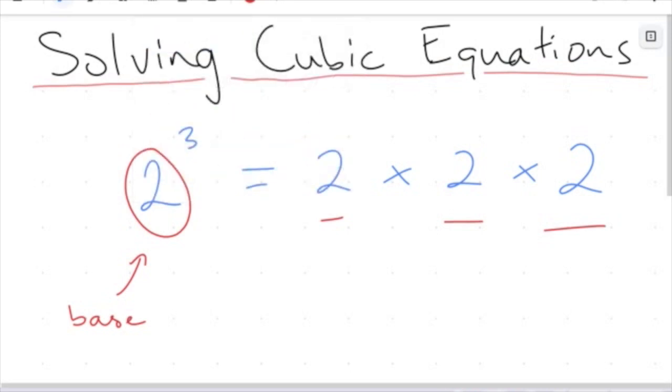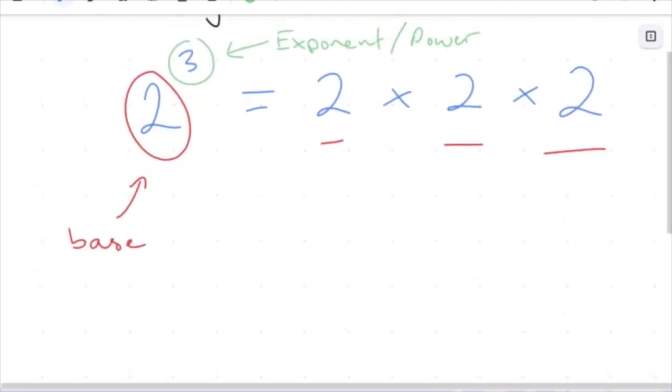And we also have what we call an exponent or a power. And this exponent or power just tells us how many of the base numbers are multiplying by one another. So here we have 3 2's all multiplying by each other.